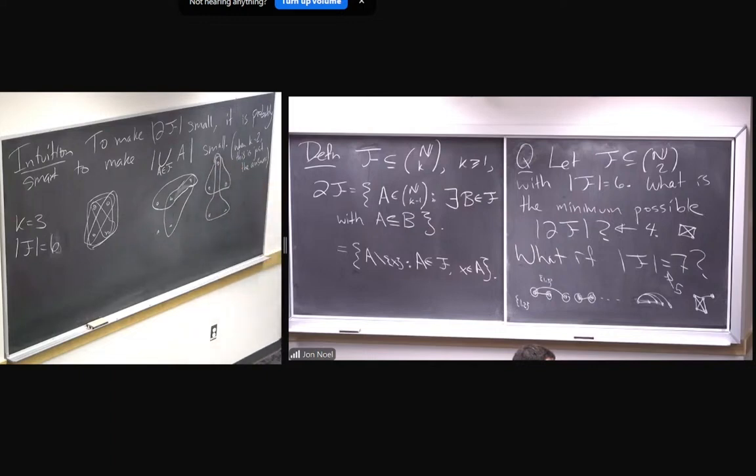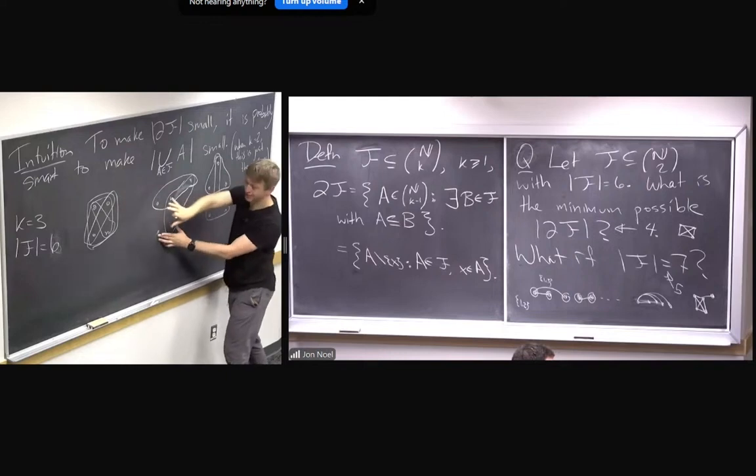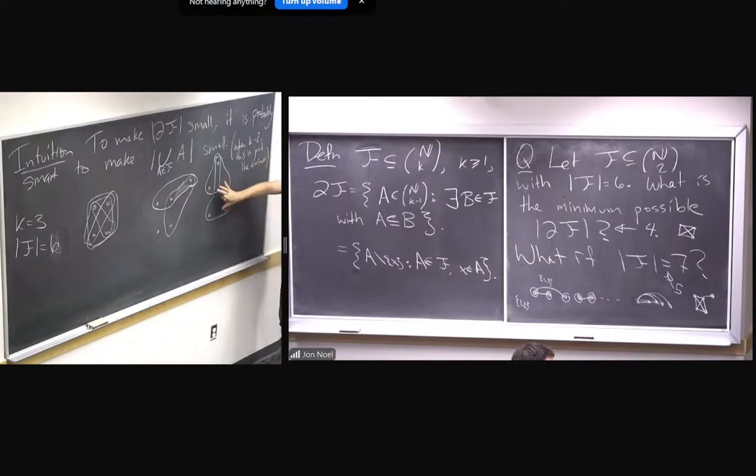Is it clear that these are different things? Among these 4 points, just imagine you've got this picture. I don't want to draw it because you won't be able to see anything. And then for a 5th point, you could say, okay, I'm going to do this, or I'm going to do that.